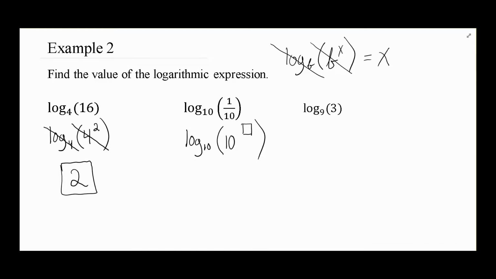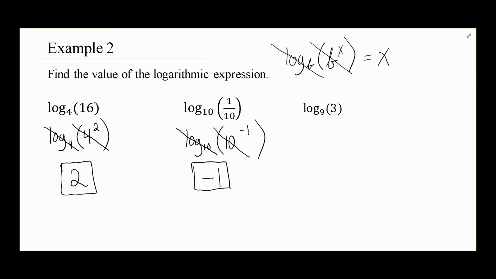What should jump out at you is that when we have fractions, when we have reciprocals, we should think about the fact that it's going to be negative. So this is going to be -1 because it's the reciprocal of 10. At which point we have log base 10 and we have a base 10 exponential. So the log base 10 and the 10 to a power undo one another, leaving just the -1.